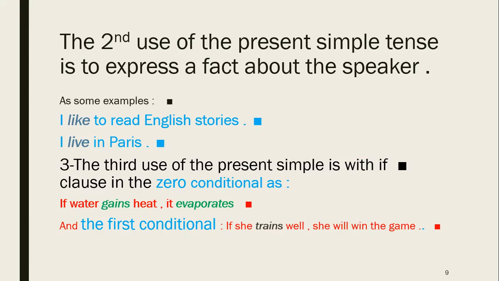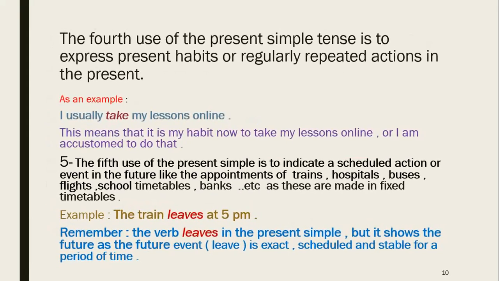If she trains, and she, third person pronoun, singular, it takes the verb with final S. If she trains. So the third use of the present simple is in the zero conditional, present simple with if, and in the first conditional, present simple with if, and then will or future simple in the effect or the second part. Still with the uses of the present simple.